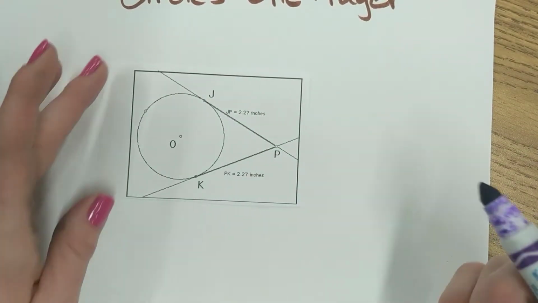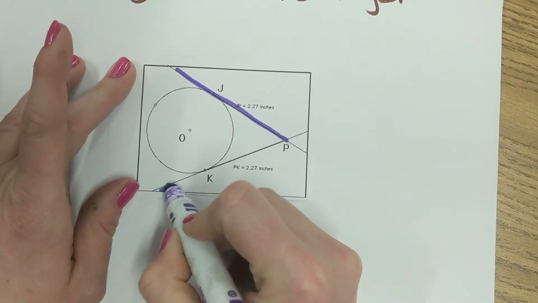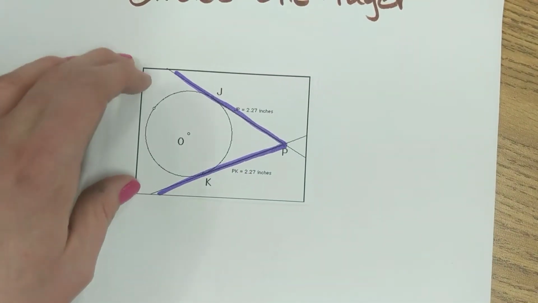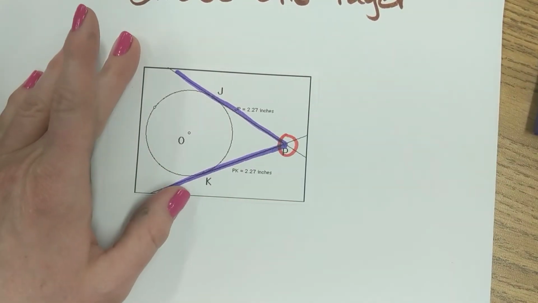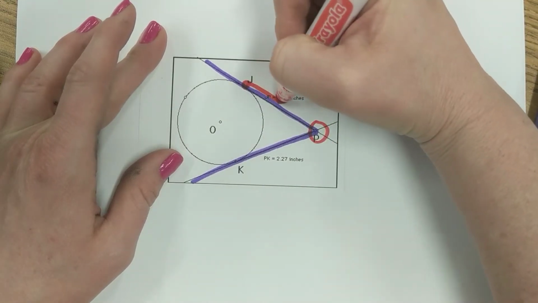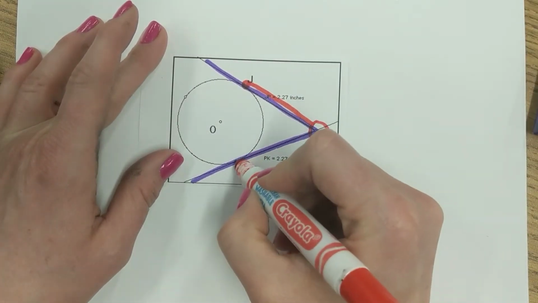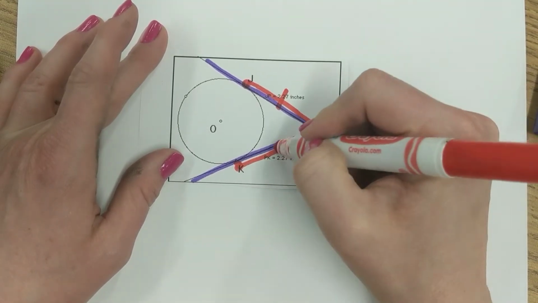This next one is a tangent and another tangent. Whenever two tangents meet at a point outside the circle, in this case they're meeting at point P, then this section of the tangent that's outside the circle is congruent to this section of the tangent that's outside the circle. So this section equals that section.